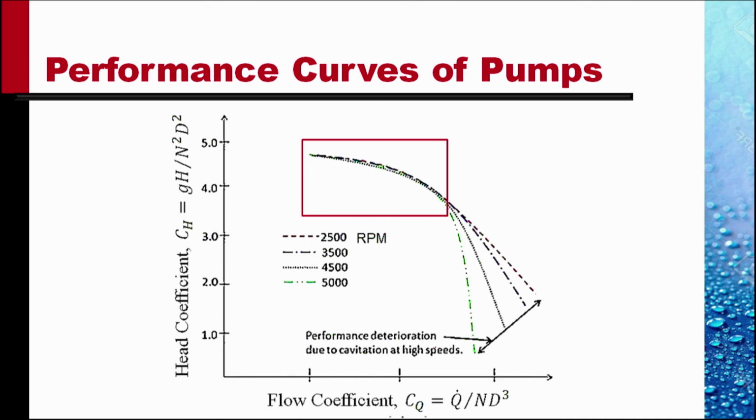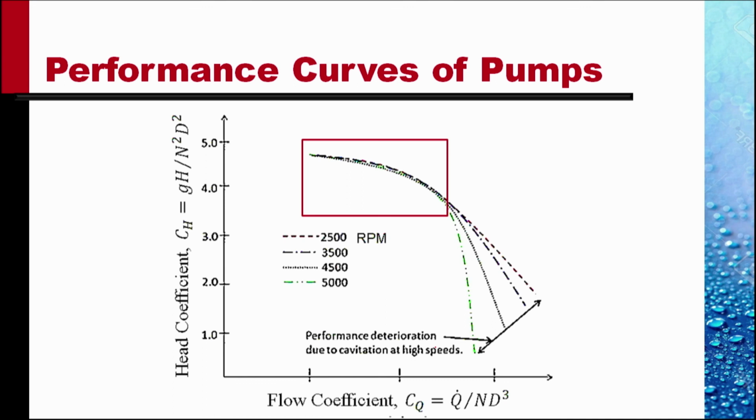The deviation at higher speeds is largely due to cavitation that takes place at higher speeds. And the higher the speed, the earlier cavitation takes place. That's why there is a performance deterioration due to cavitation.